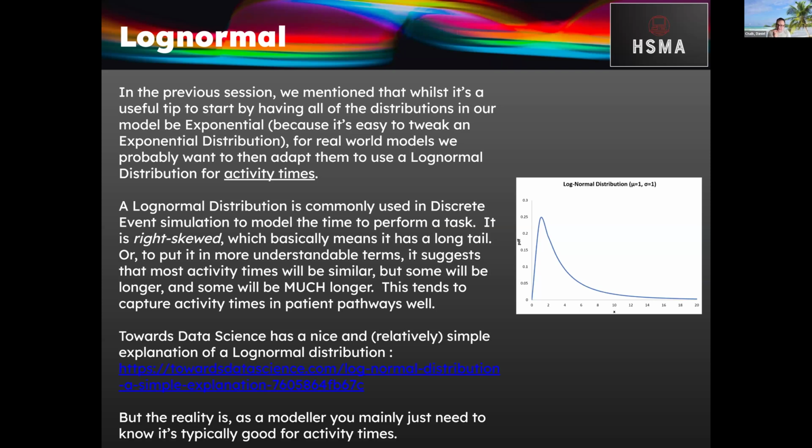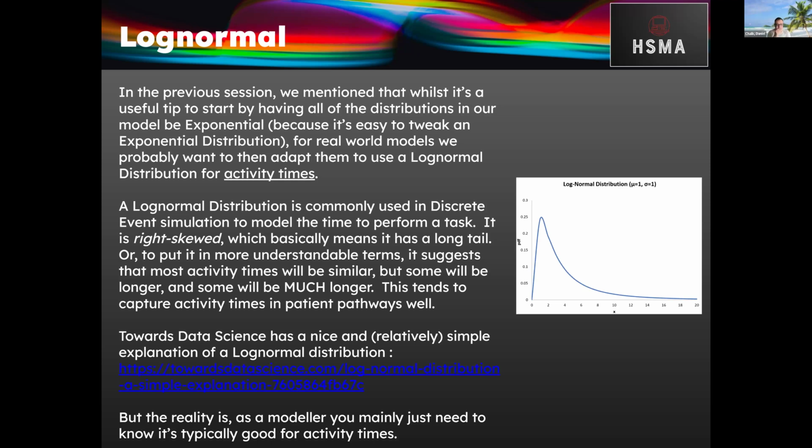But in reality, exponential distributions are really good for our inter-arrival times, and something called a log-normal distribution is actually typically a better fit for activity time. So the amount of time you spend with a nurse, the amount of time you spend being registered, all that kind of stuff.